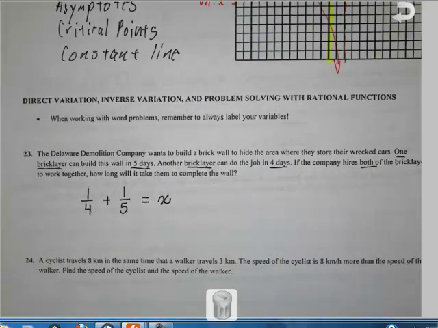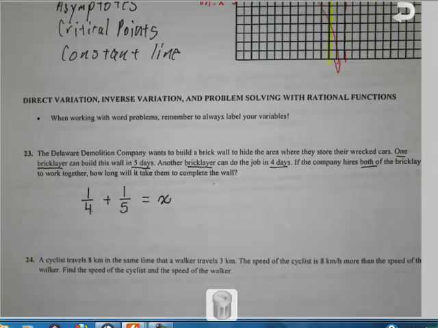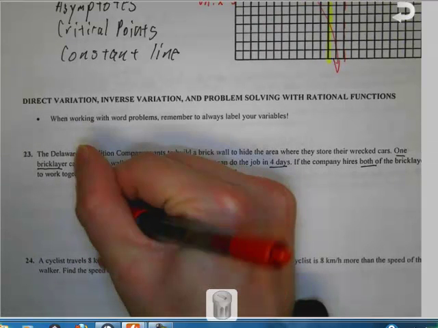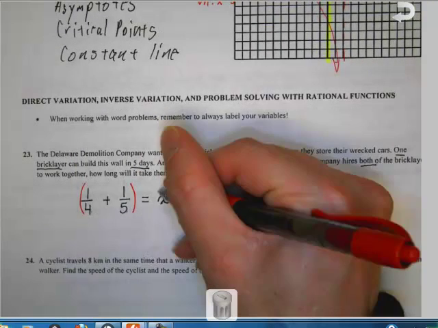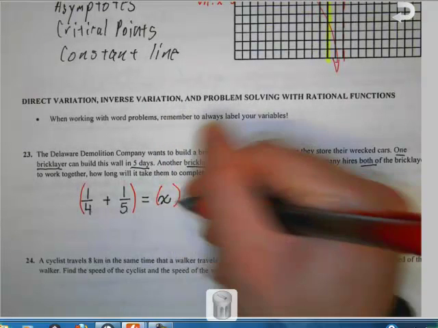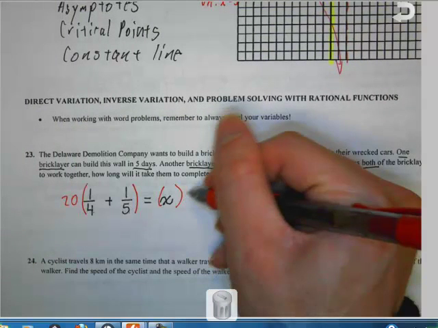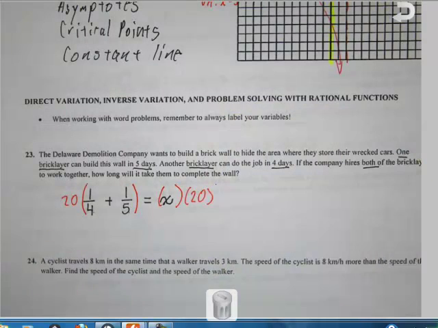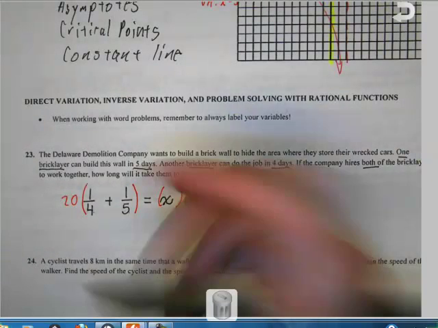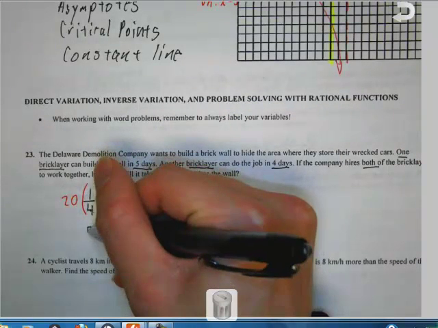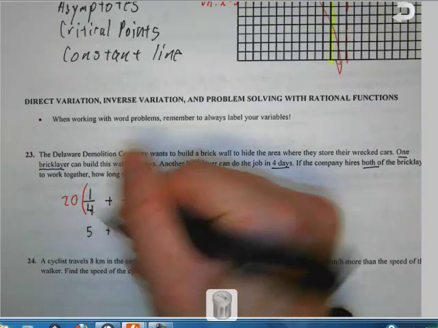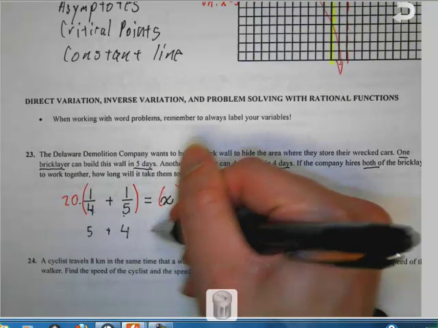Now, to solve this, you multiply by the common multiple of 4 and 5, which in this case is 20. So you multiply by 20 here, and you multiply by 20 here, and by 20 here. Now you have 20 divided by 4 is 5, and 20 divided by 5 is 4.